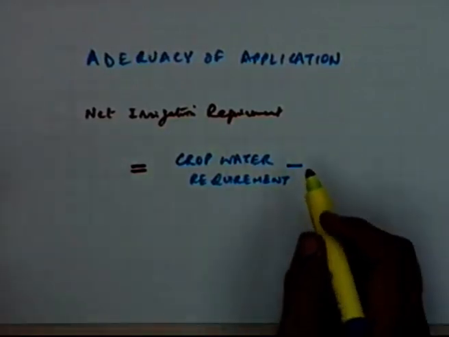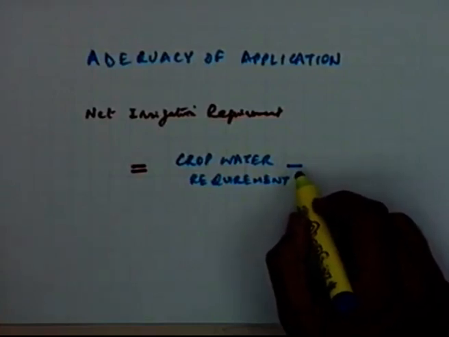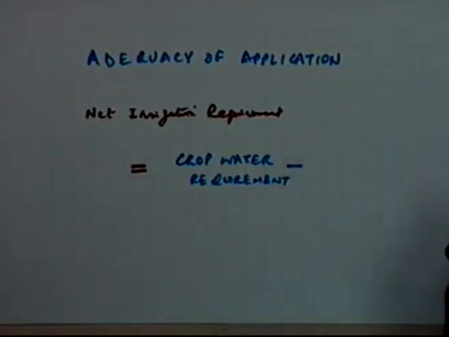So the crop water requirement, and there can be another quantity which can be adjusted in the crop water requirement, which is the effective rainfall.